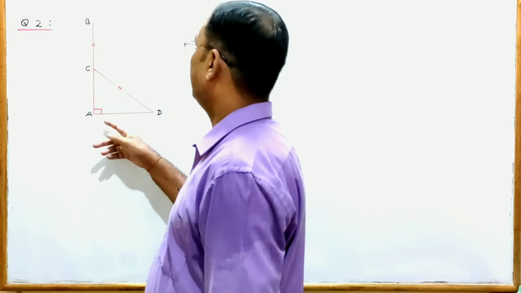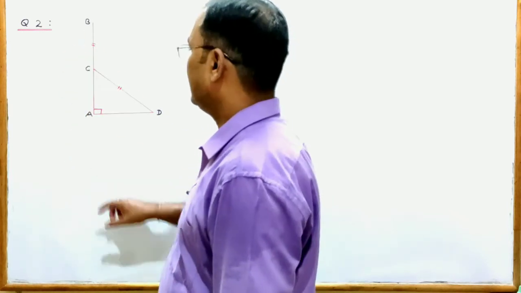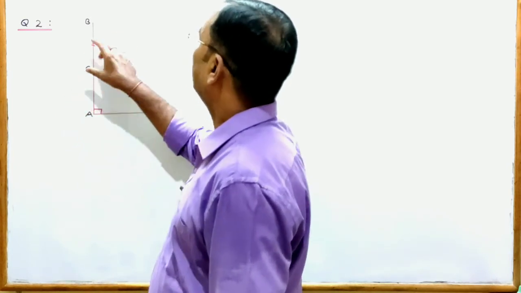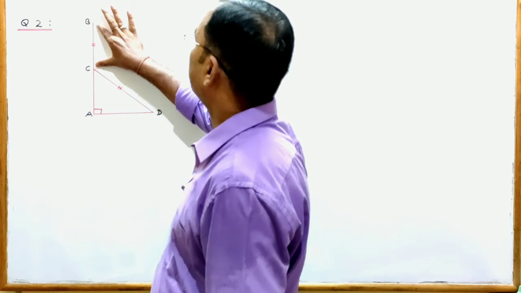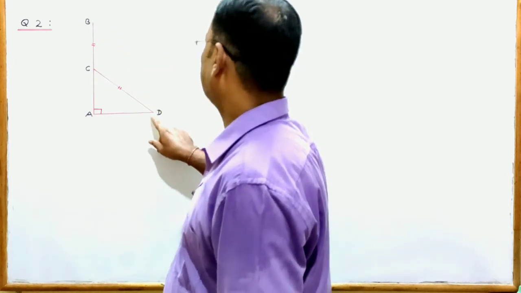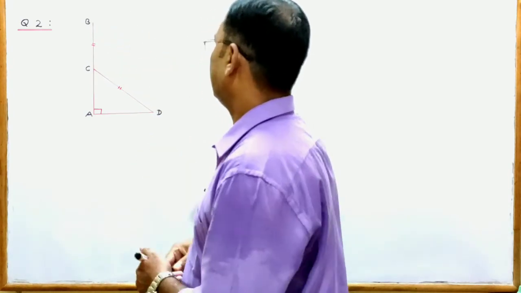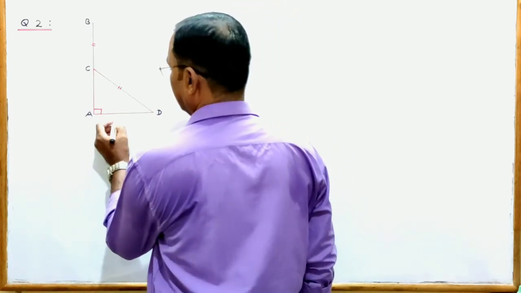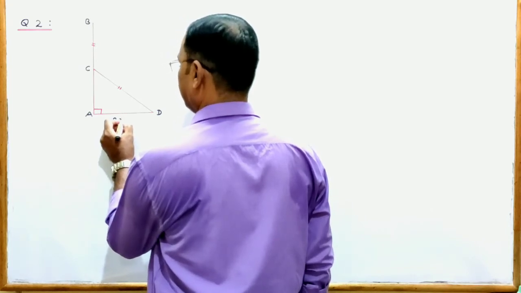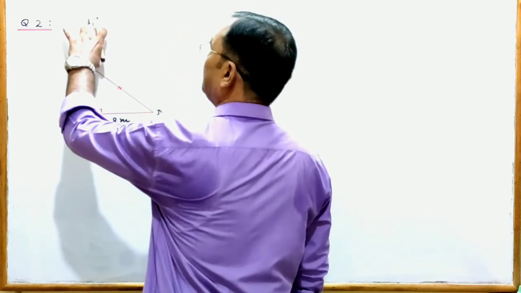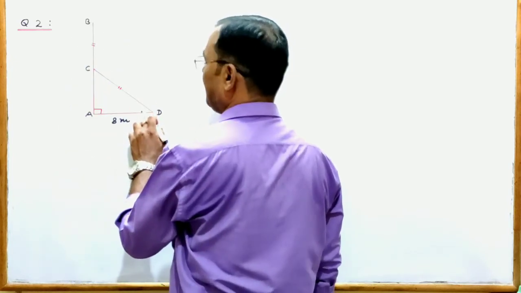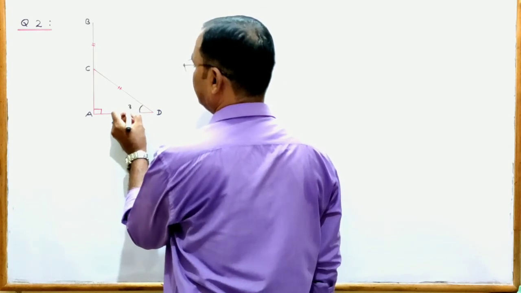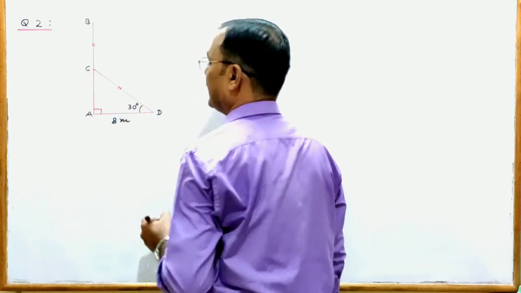In this diagram, AB represents the height of the tree, which breaks at point C, and the upper broken portion BC touches the ground at point D, and the distance of this point D from the foot of the tree is given as 8 meter, and this broken portion touches the ground at D, making an angle of 30 degrees with the ground.